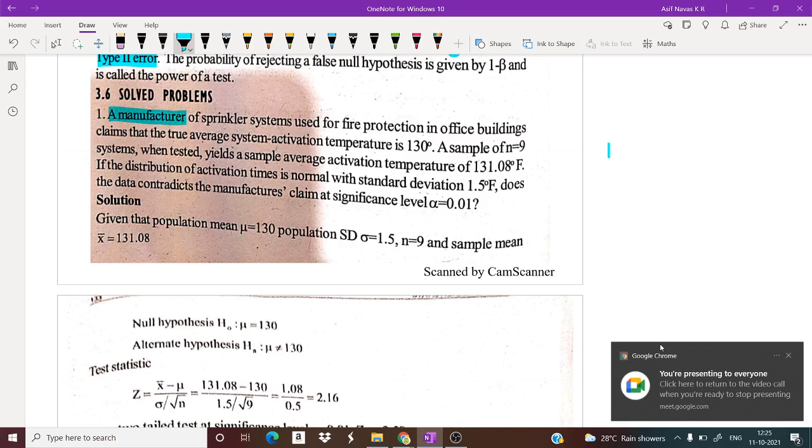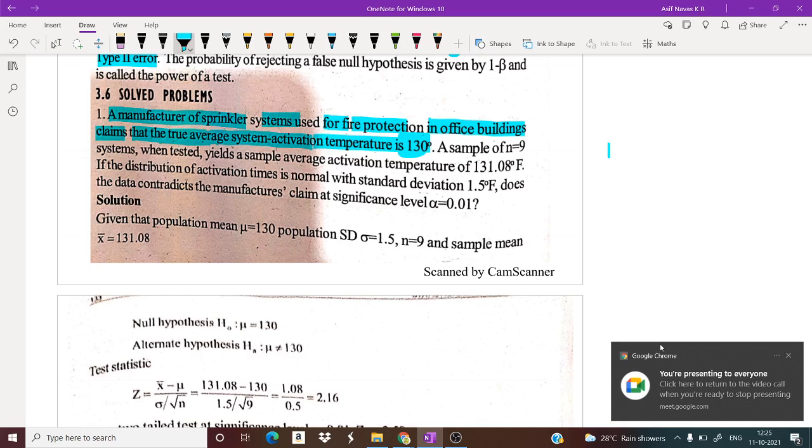A manufacturer of sprinkler systems used for fire protection in office buildings claims that the true average system activation temperature is 130. So what is the manufacturer's claim?